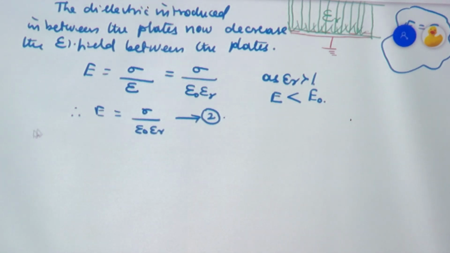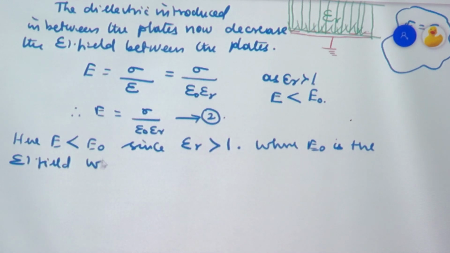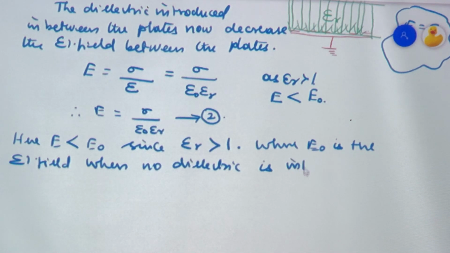If you want, you can write: here E is less than E0 since epsilon r is always greater than 1, where E0 is the electrical field when no dielectric is introduced, or when air is available in between the two plates.